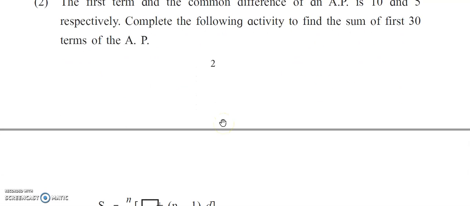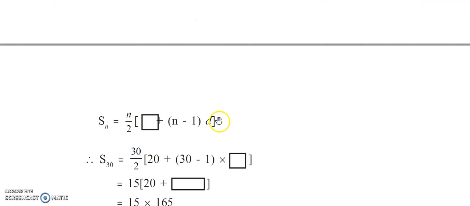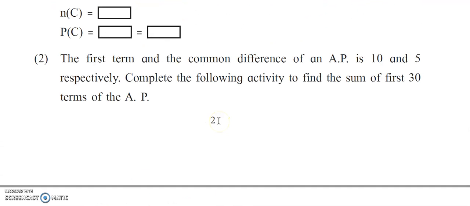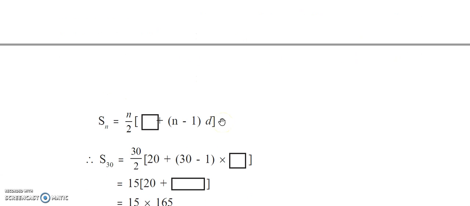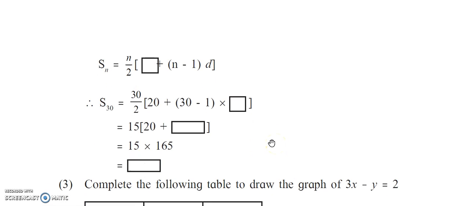Here the first term is given: a is equal to 10, d is equal to 5. We'll substitute here. Sn is equal to n upon 2 into (2a plus (n minus 1) into d). Then 2a is 2 into 10, n is 30, minus 1, and d, the common difference, is 5. Substitute and you will get the answer.